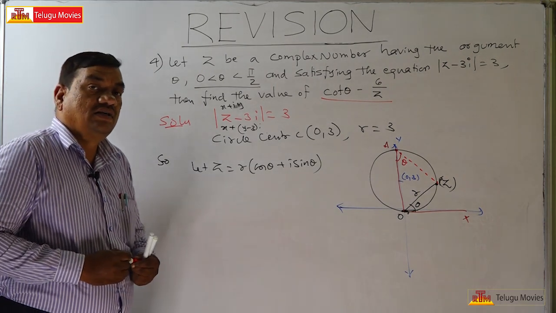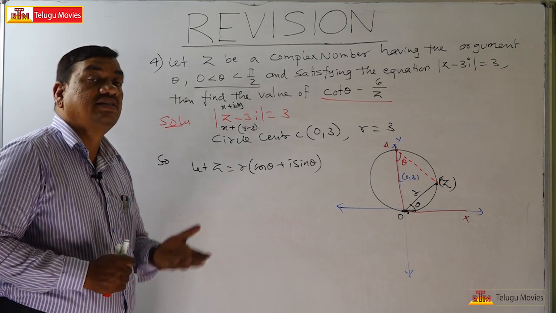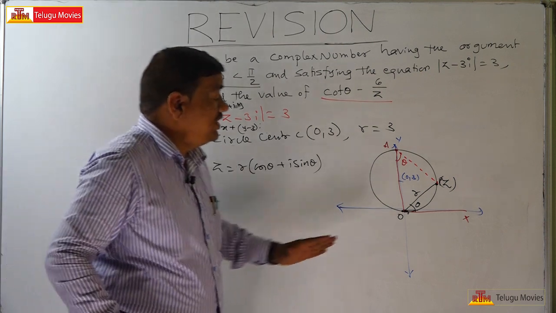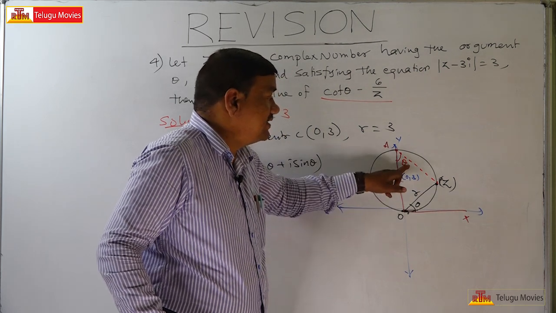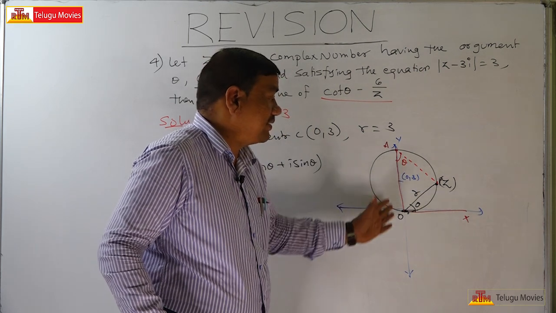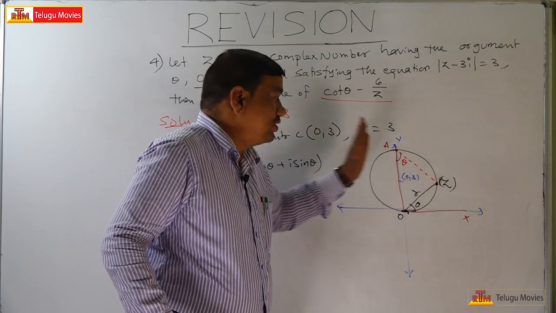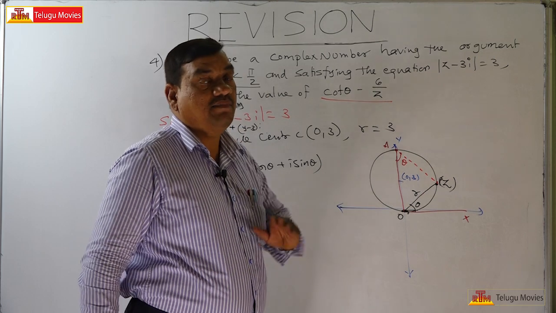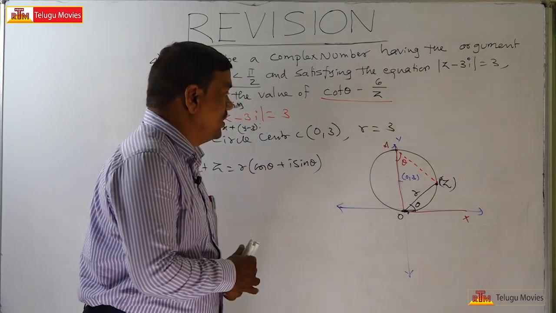Why? Because in lower classes we have the alternate segment theorem. Using that, the angle theta is the same as the angle theta in the alternate segment. The angle in the minor segment is equal to the angle in the major segment. That's why it is called the alternate segment theorem.